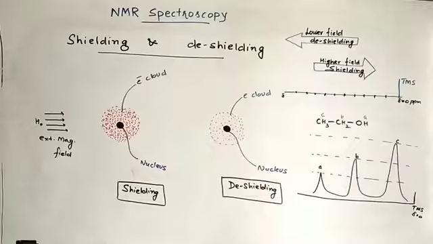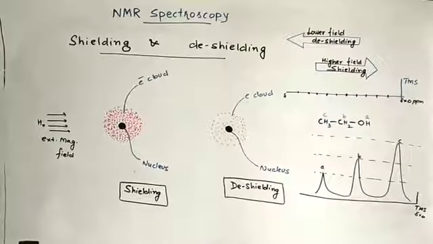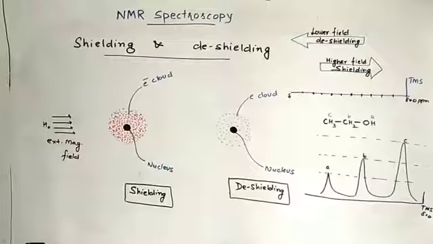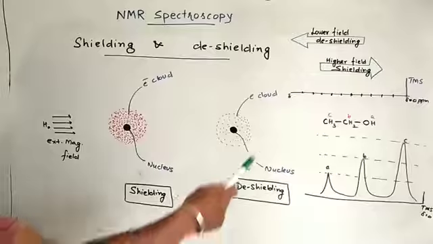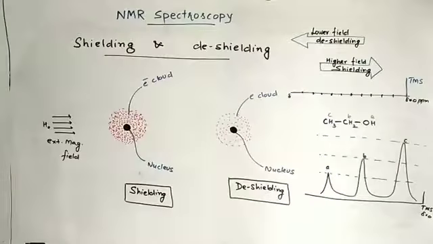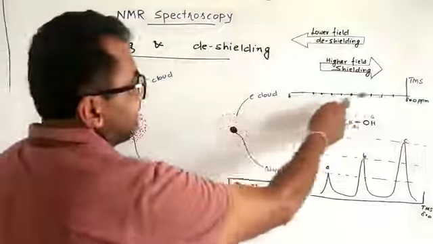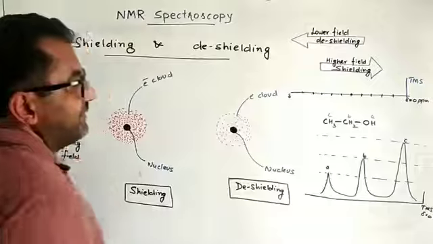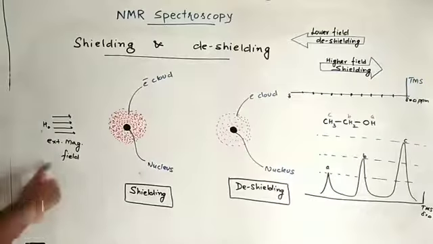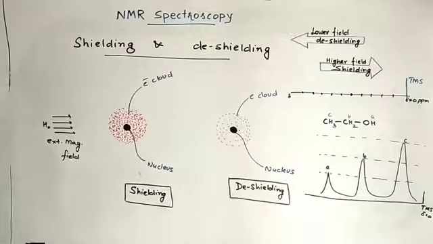So this is about the shielding and de-shielding. We will try to understand what shielding and de-shielding are. Now this is the NMR spectrum, how it looks. There is a TMS at the far right side where the value is 0 ppm, as we already studied. Towards TMS we have a higher field, because when we move from left to right, the external magnetic field strength increases.